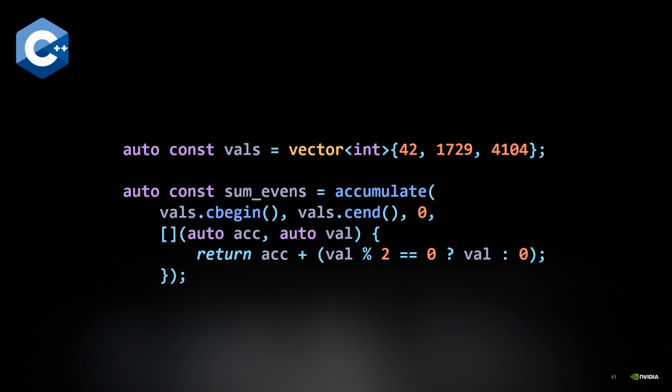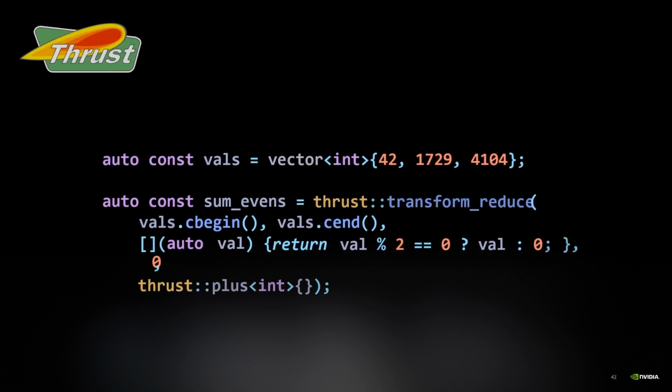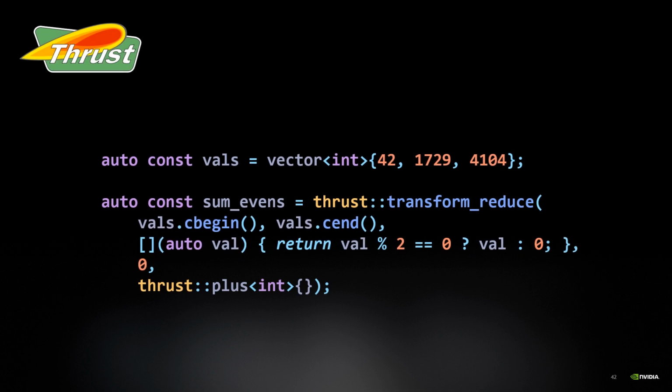So the trick is to upgrade your accumulate to a transform reduce. What this is doing is factoring out the transform into a unary operation, which then gives us a list of the numbers that we want to add and zeros. And then that's just a plus reduction. A plus reduction definitely is both associative and commutative, so we don't have any problem there. We have two lambdas on either side of our initial value 0 here.